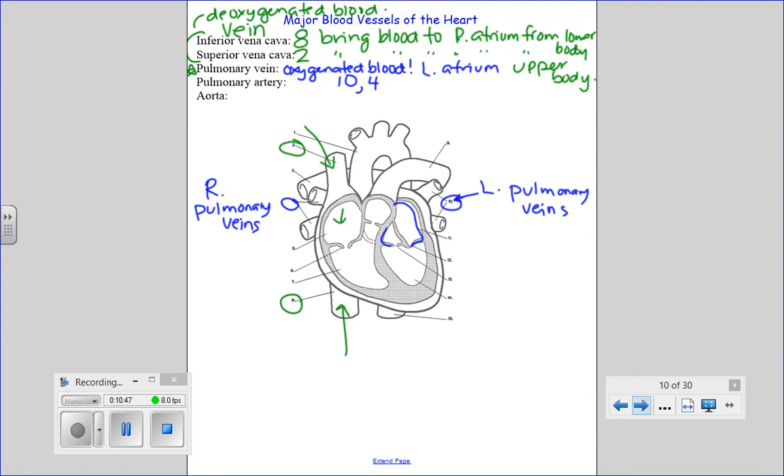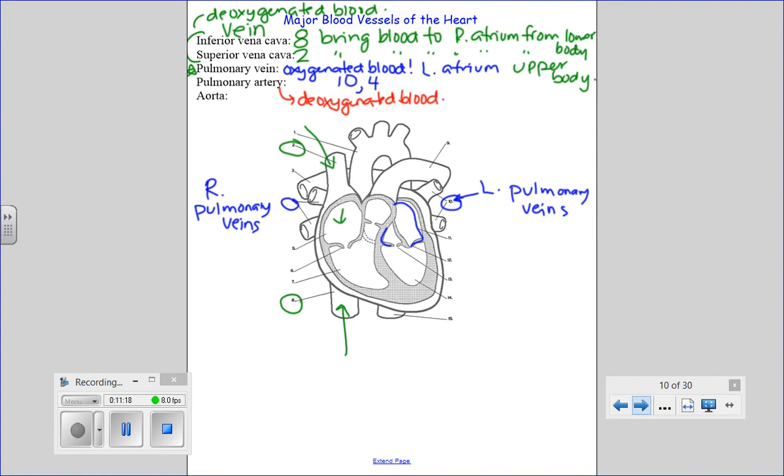Now, if we continue on, we're talking about arteries, and we have 2 major arteries. So everything comes in nice little groups. There's 2 atria, 2 ventricles, 2 arteries, 2 veins. So the 2 arteries start with the pulmonary artery. The pulmonary artery carries deoxygenated blood, which is unusual.